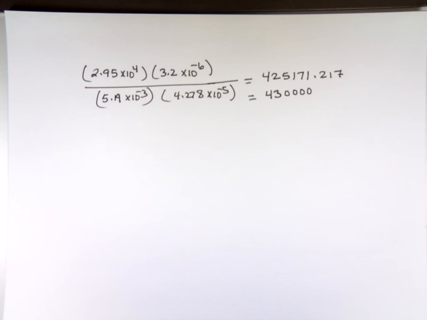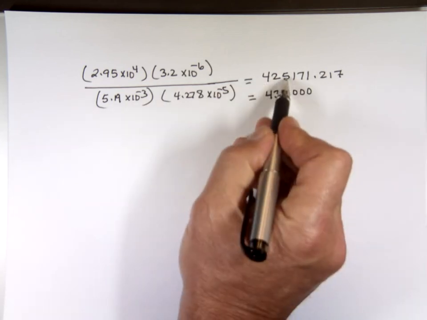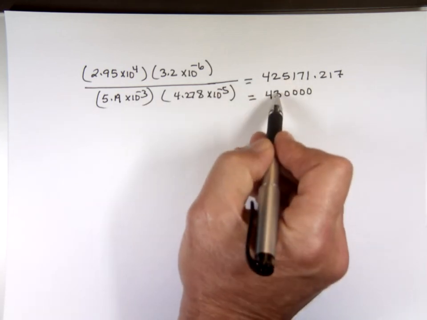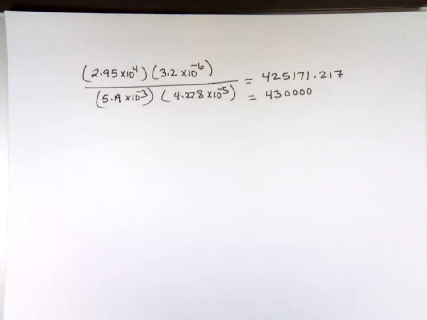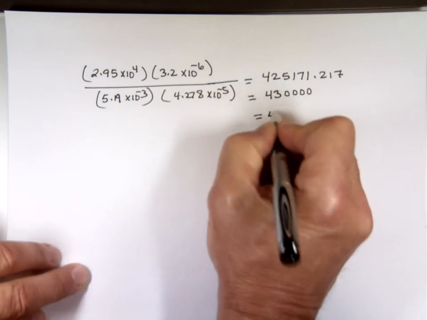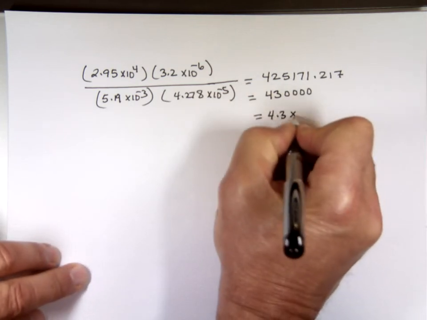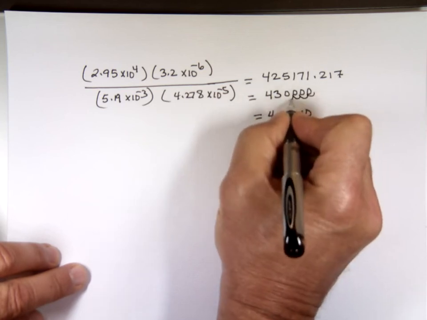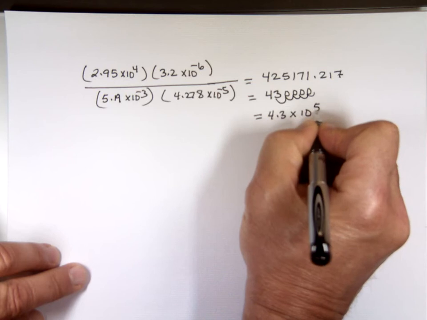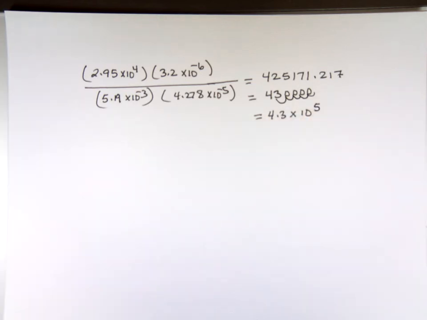So I got to add 1 to this because 5 or more, we add 1. 4 to 3, and this becomes 0, 0, 0, 0. If you want to put in scientific notation, that would be what? 4.3 times 10 to what power? 1, 2, 3, 4, 5. Either way is correct. Two significant digits.